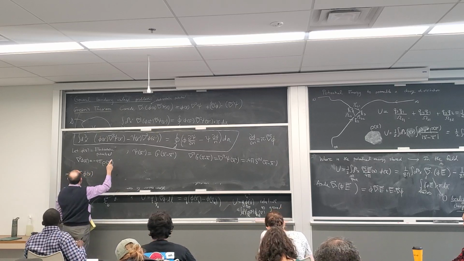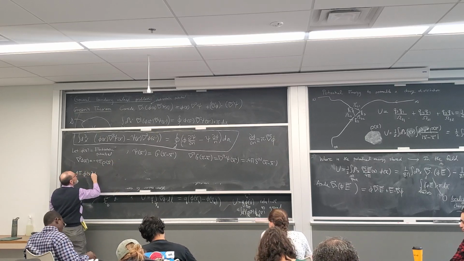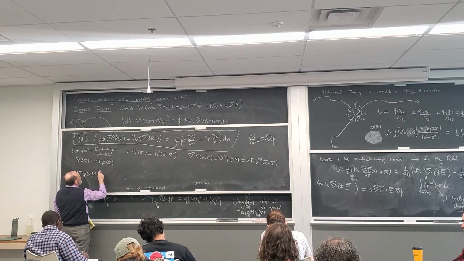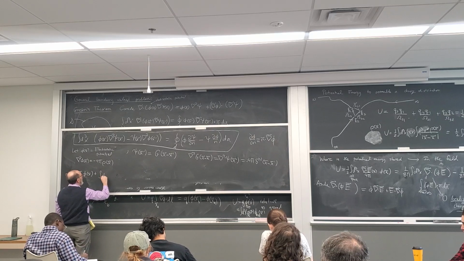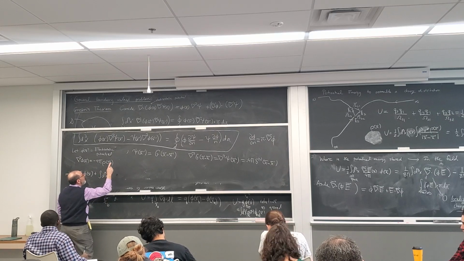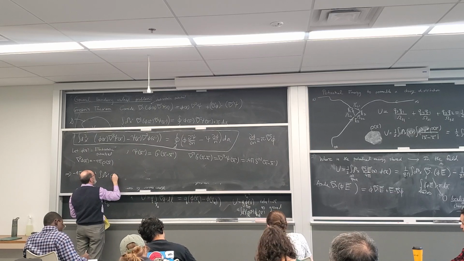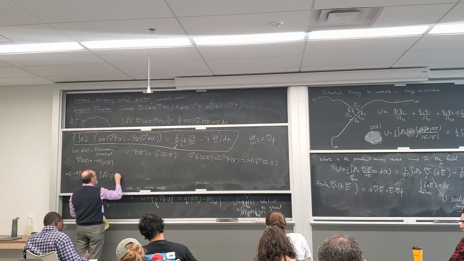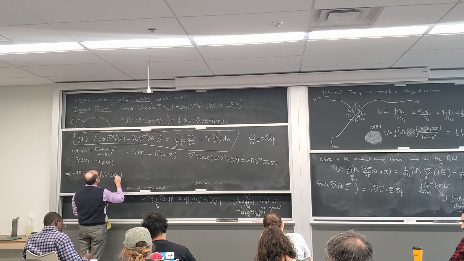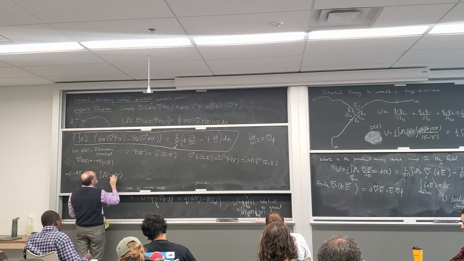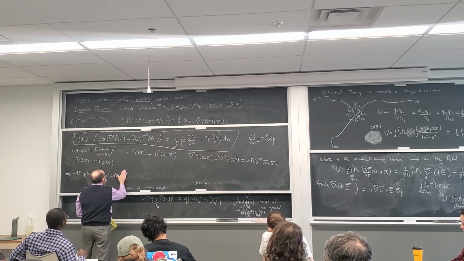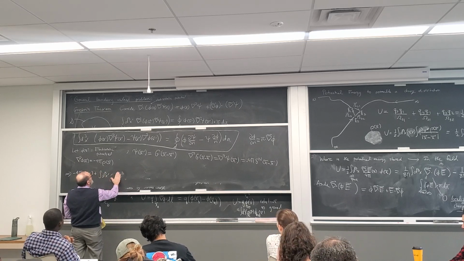x. And then I'm going to get plus the integral over x prime, the Green's function times that. Let's make sure I get all the minus signs correct.